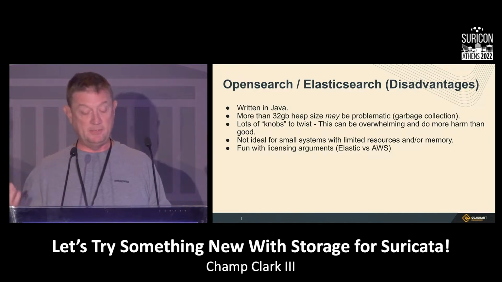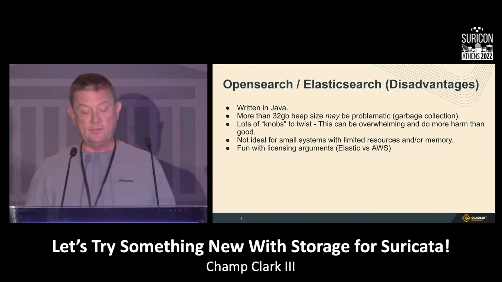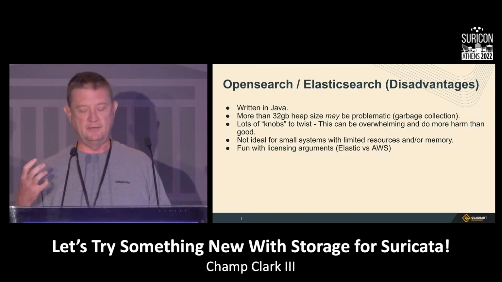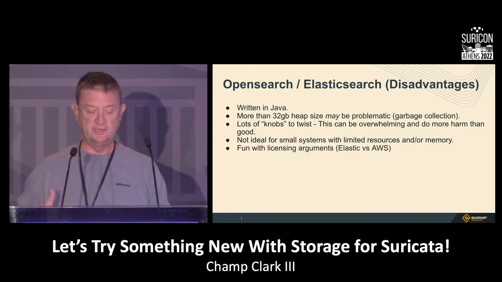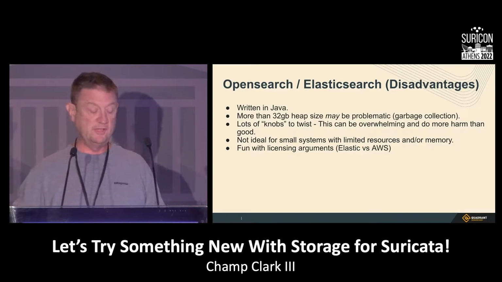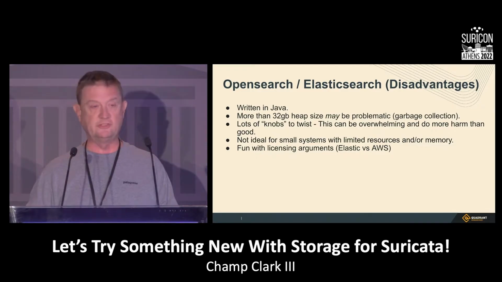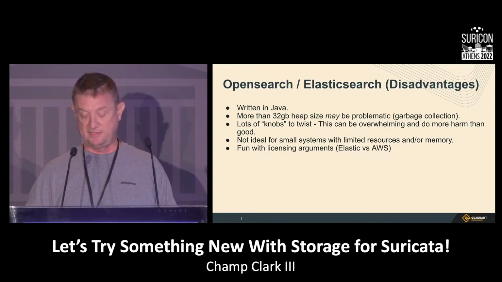It's not really ideal for, for instance, embedded systems, because Elastic can eat a lot of resources. And of course, as of late, there's been a lot of fun with Elasticsearch licensing arguments between AWS and Elasticsearch.